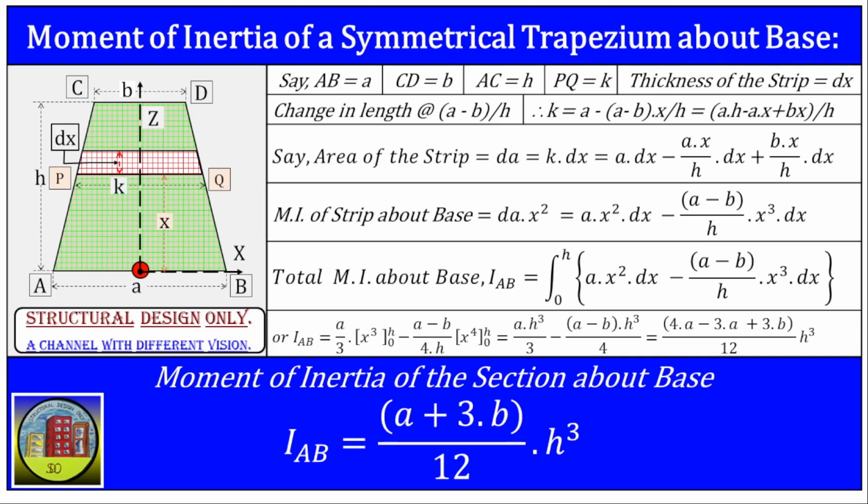This formula provides a fundamental tool for analyzing the structural behavior of trapezoidal sections. In the next slide, we'll shift our focus to determining the moment of inertia of this symmetrical trapezoid about its centroid XX and ZZ axes. This will provide us with a comprehensive understanding of the section's resistance to bending.